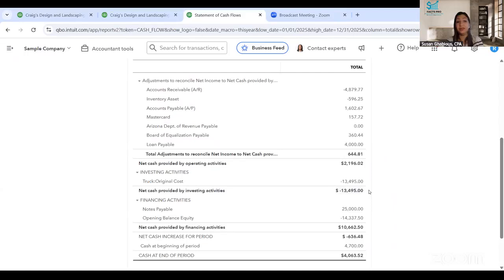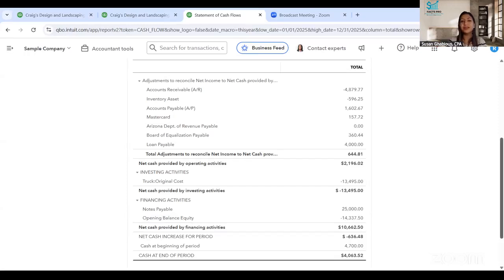It's not a bad thing. It's investment as long as it's paying off at the end. But where did I get that from if I only generated $2,000 from operating? Guess what? It was mainly from financing. I probably had to put in cash in there from my personal account, and probably had to get some loans from here.